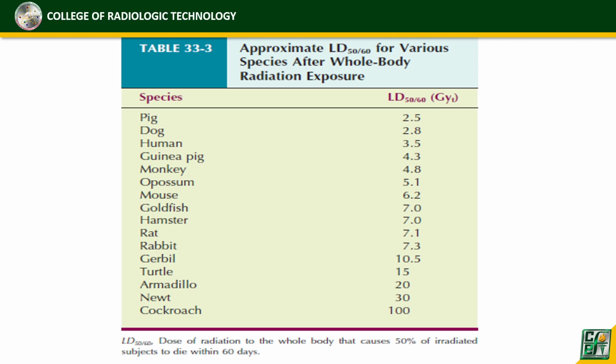So 2.5 gray or 250 rad. Sa dog, 2.8. Humans, 3.5 gray or 350 rad. Guinea pig, 4.3 and so on. And syempre, ang pinakamatibay sa lahat, cockroach. Okay. 100 gray, grabe sa tibay.